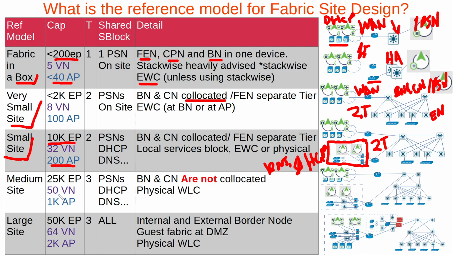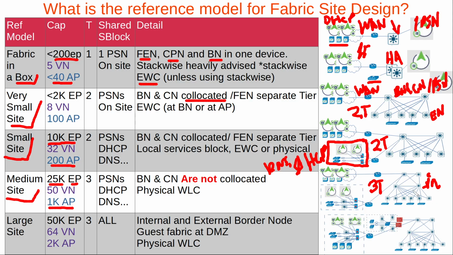Now, if you need up to 25,000 endpoints or 1,000 access points, you can go for the medium site. In this case, we are going now for a three-tier design. We are going to introduce intermediate nodes because we are going to have more fabric edge nodes, and we want to remove that burden of connecting so many fabric edge nodes into your border nodes.